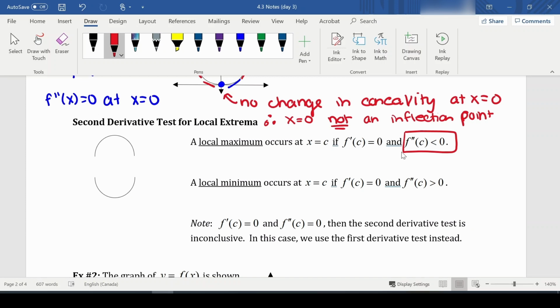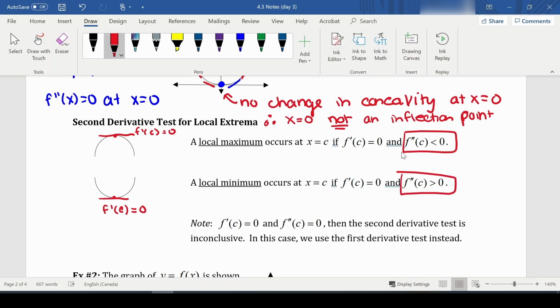So if you take a look at this graph, if this is a graph of f, f prime of c would equal 0 here. But also this graph is concave down, and we can tell by looking at this, this is a maximum. Similarly, a minimum would happen if f prime of c equals 0, and the graph is concave up.